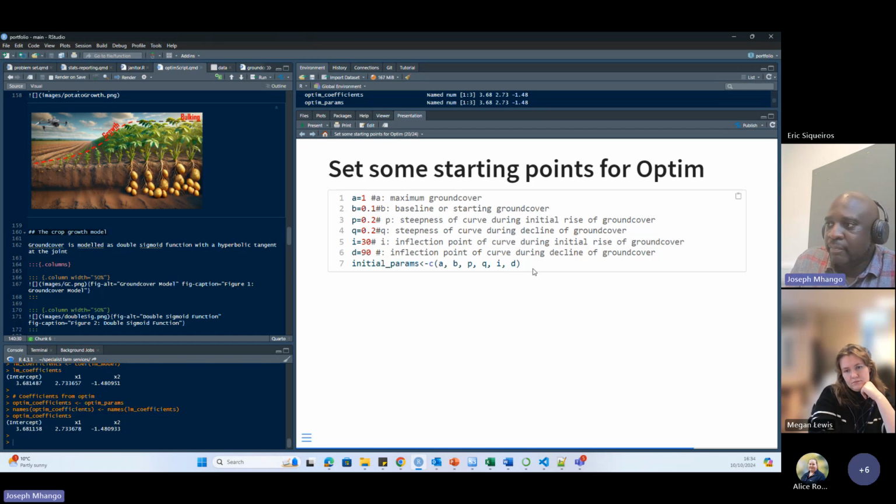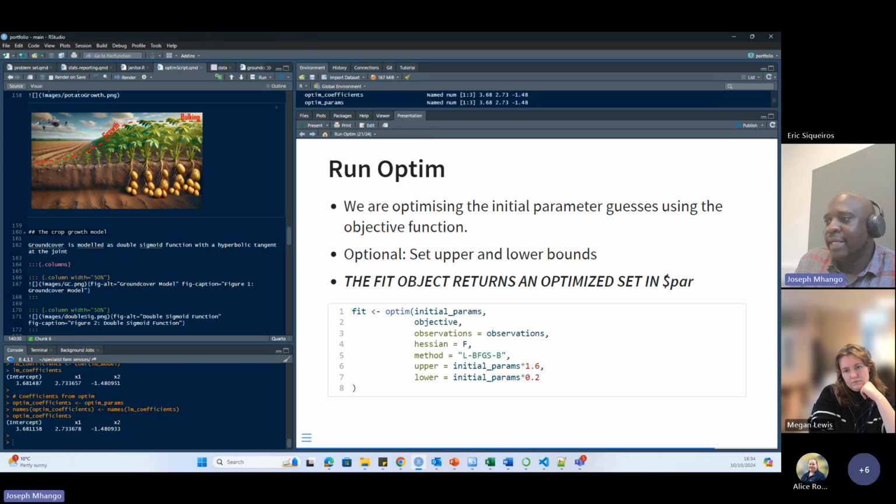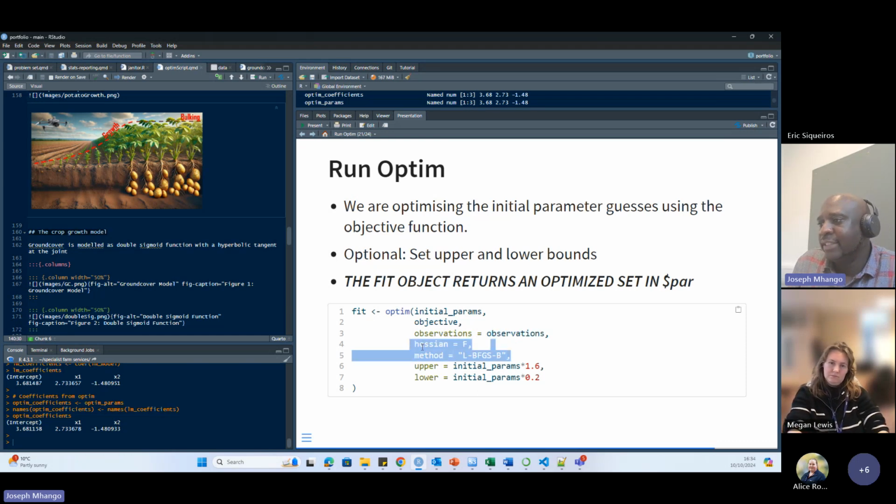And once I do that, I pass everything to Optim. So I say, Optim, please take my initial parameters and the objective function that I gave you. My observations are the data that I loaded in, and these are algorithm settings that are just defaults.